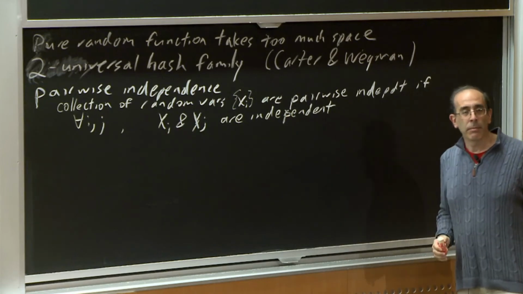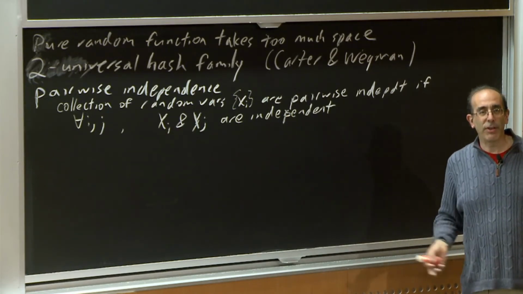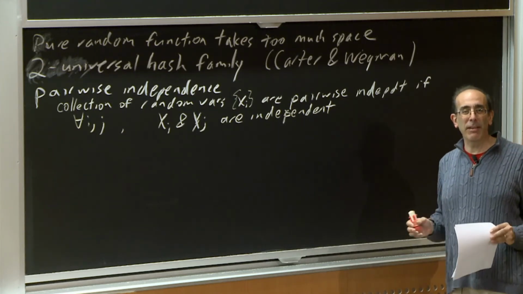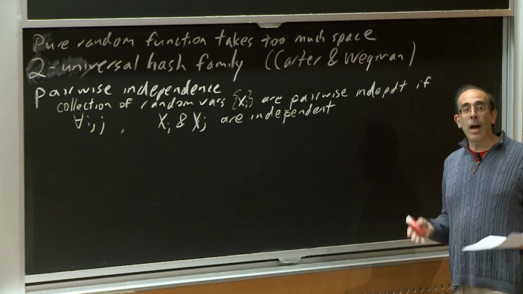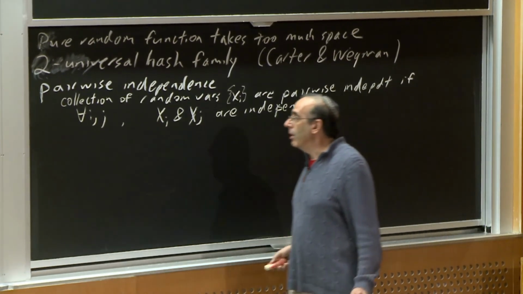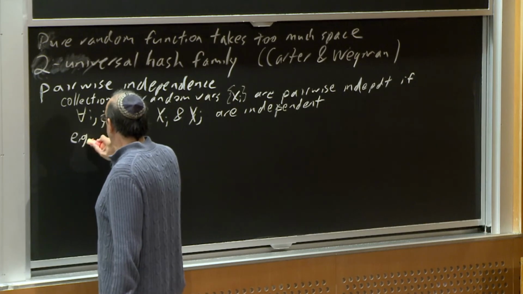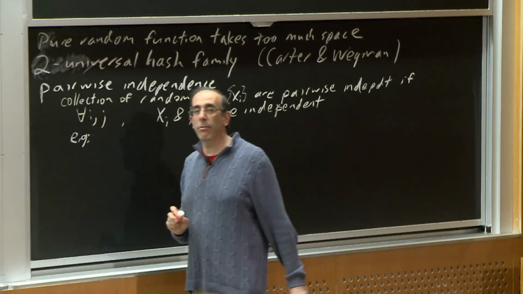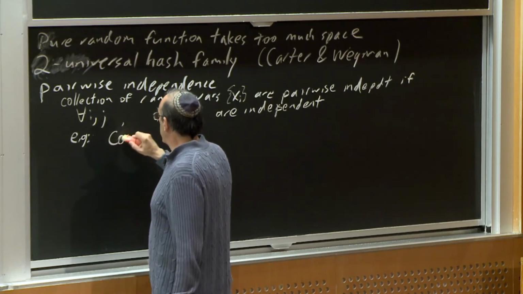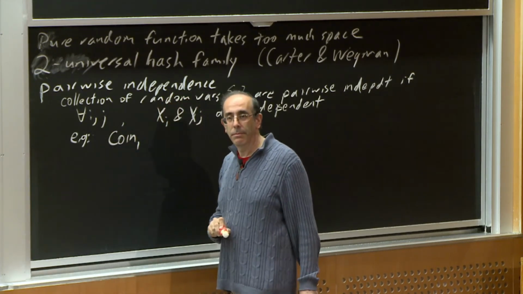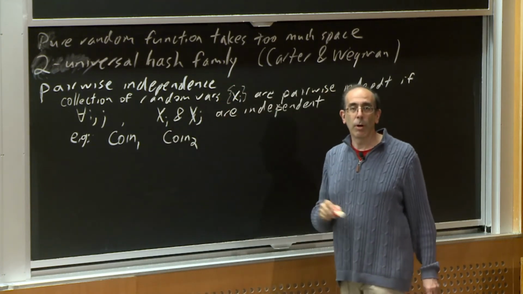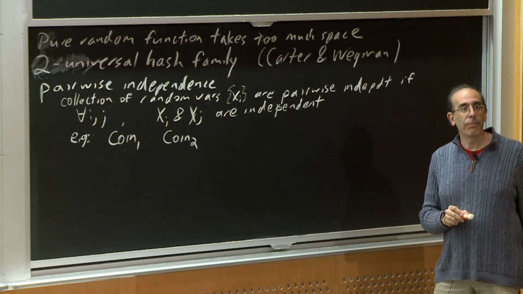Now, this may seem like just a circular definition. What's the difference, right? If I'm just saying every pair is independent, what am I leaving out? The answer is that I'm not worried about larger sets of variables being independent. So as a particular example, suppose that I want to generate 3 random coin flips. I'll have coin 1 and coin 2, which are both normal, unbiased coins.